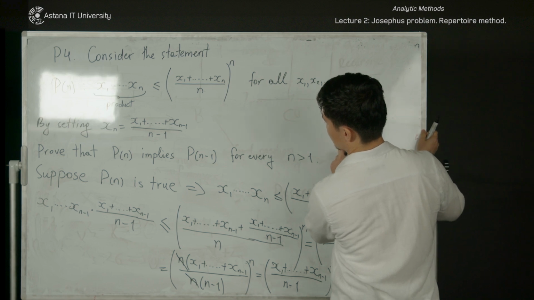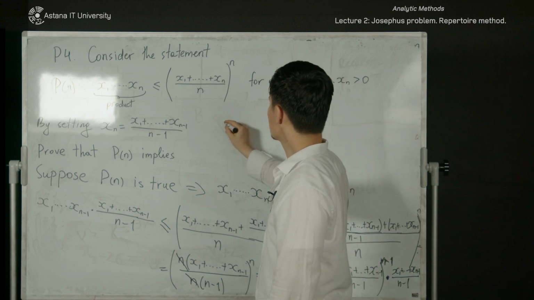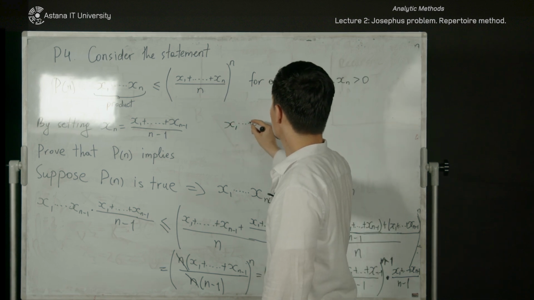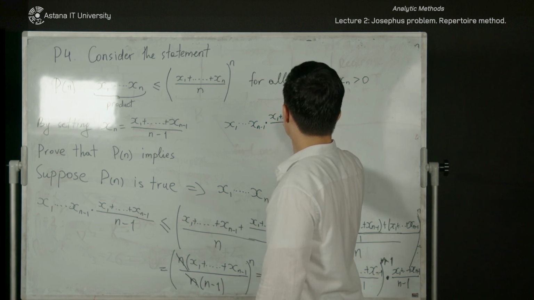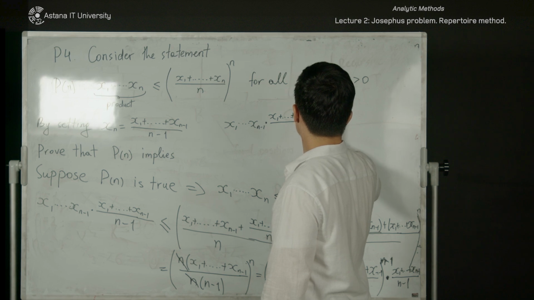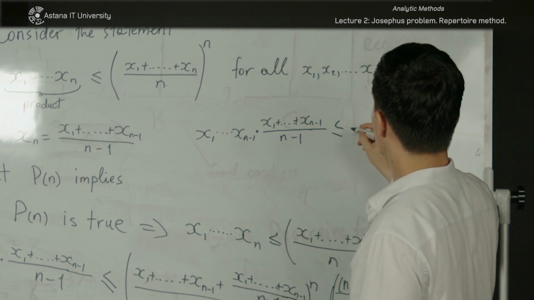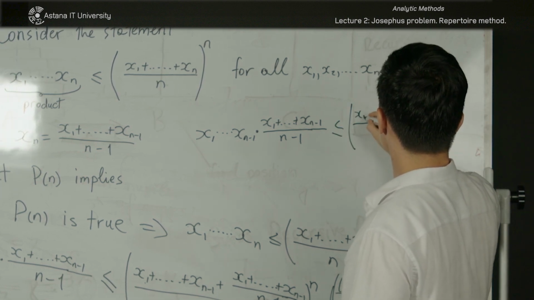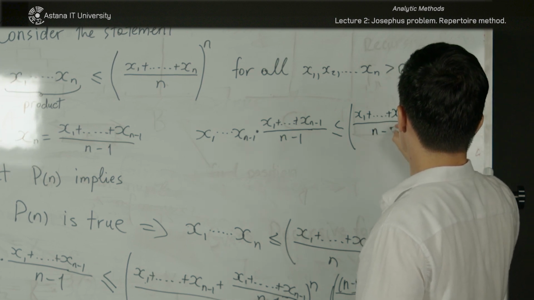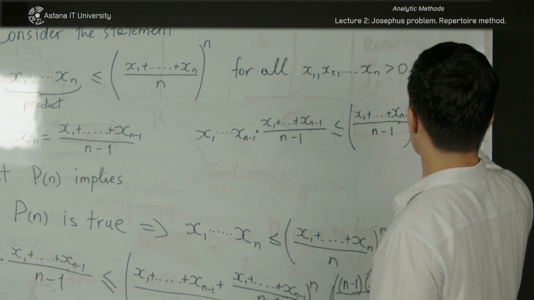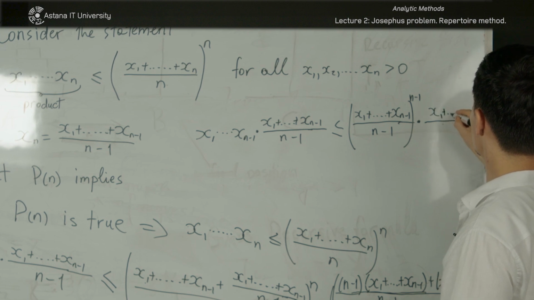So I'm going to erase this part and write it over here. So x1 times until xn minus 1 multiplied by this is less or equal than x1 plus until xn minus 1 divided by n minus 1 raised to the power of n minus 1 times the same expression.